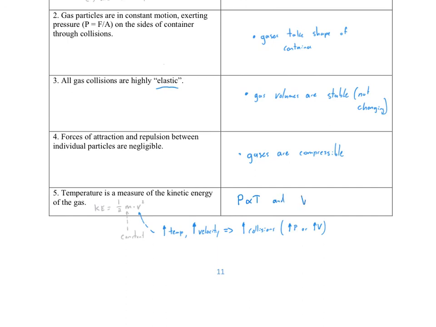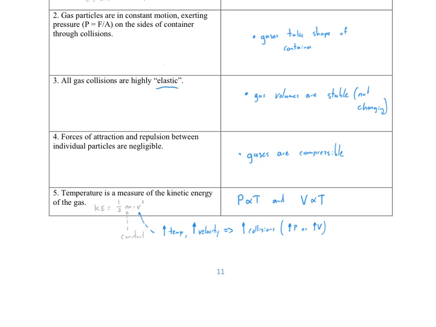Really what I'm saying here is that this tenet of the kinetic molecular theory explains both the direct proportionality between pressure and temperature, and volume and temperature. So this explains two of those individual gas laws that we saw earlier, namely that Boyle's law states that volume is directly proportional to temperature, and Gay-Lussac's law says that pressure is directly proportional to temperature as well.